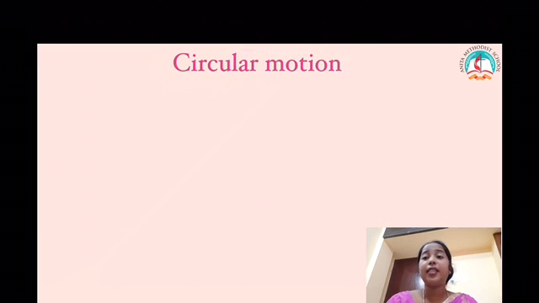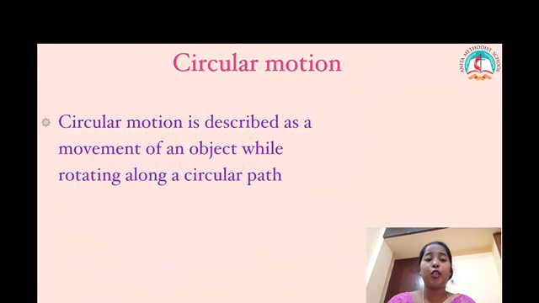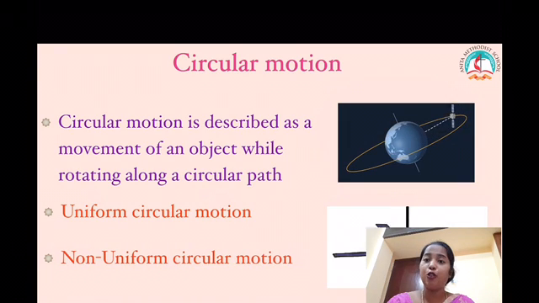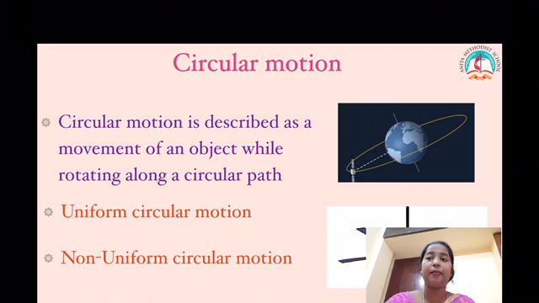Next, we're going to see about circular motion. Circular motion is described as the movement of an object while rotating along a circular path. Circular motion has uniform circular motion and non-uniform circular motion.